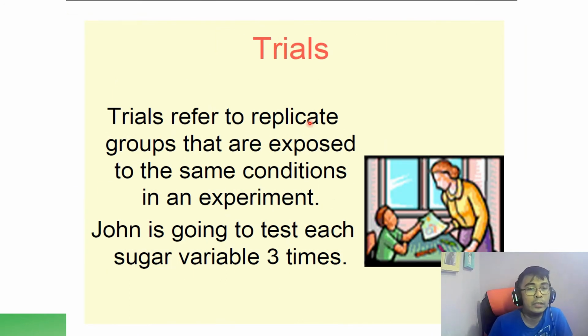And then trials refer to the replicate groups that are exposed to the same conditions in an experiment. John is going to test its sugar variable 3 times. So when we see trials, these are replicates. So these are repetitions. Okay? Bakit kailangan ng trials? Kasi probably along the way, di ba, kung isa lang yung ginagawa natin, baka may mali tayong magawa out of our procedures. So mas maganda na meron tayong trials.